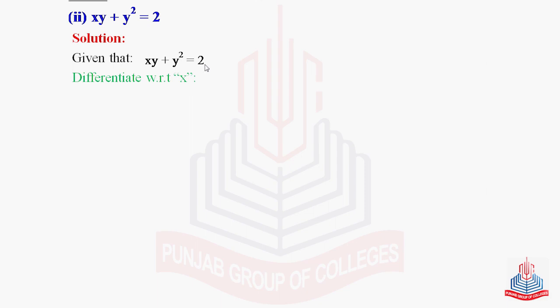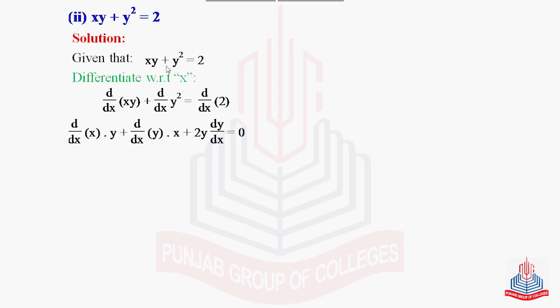Applying derivative separately on these three terms: d by dx will apply on xy, and d by dx will apply on y square, and d by dx will apply on 2. This is actually our product theorem when we apply derivative on xy. Our product theorem says derivative will apply one by one on both of these terms.